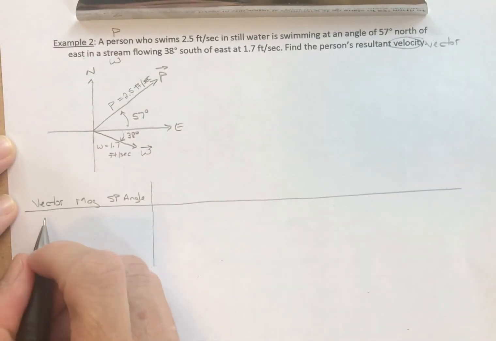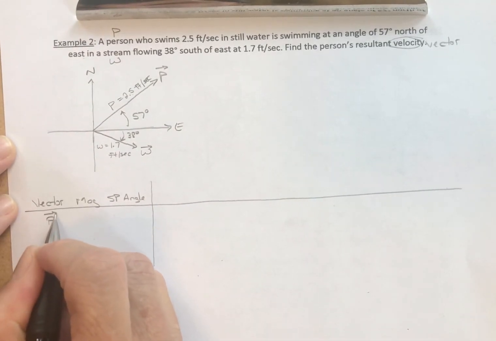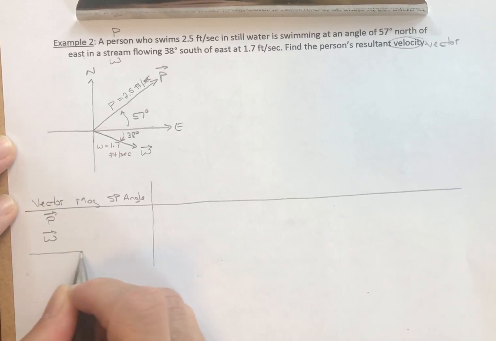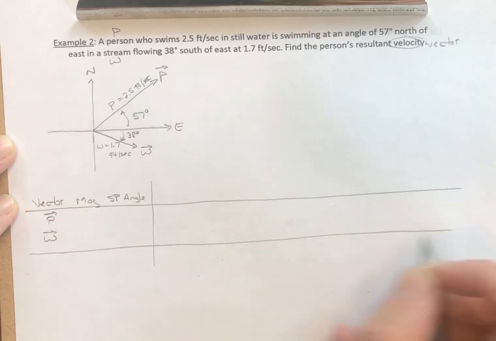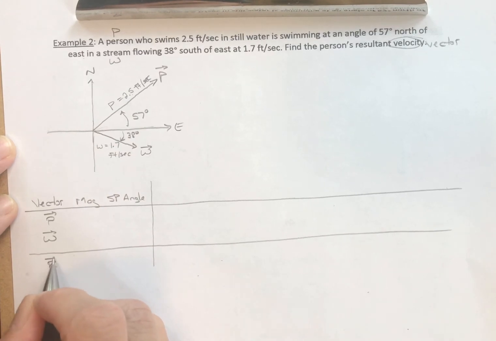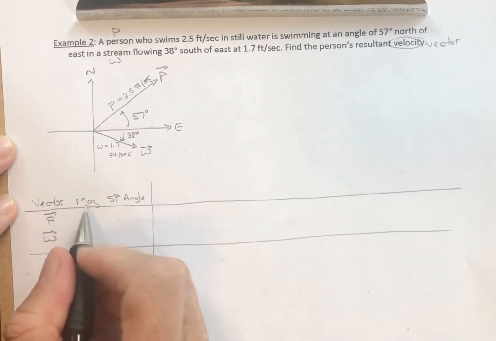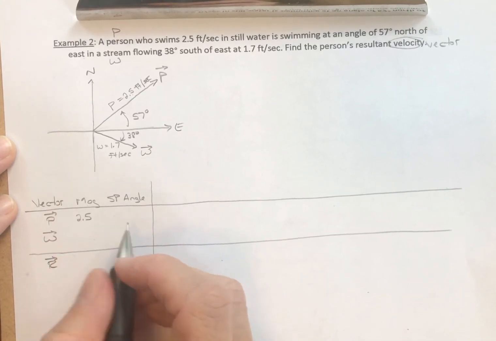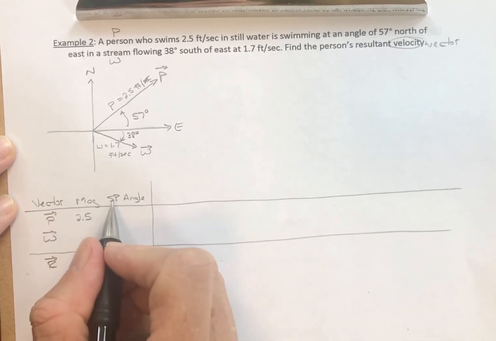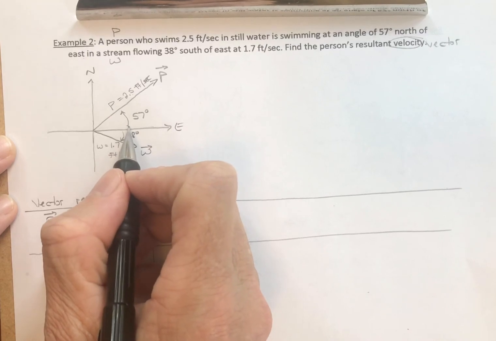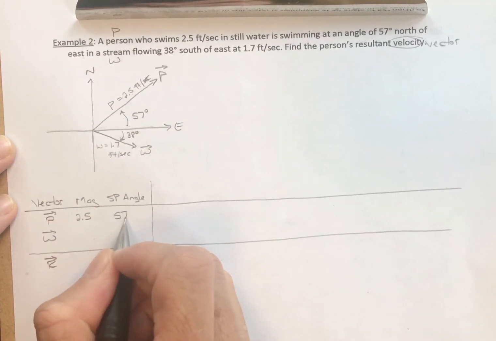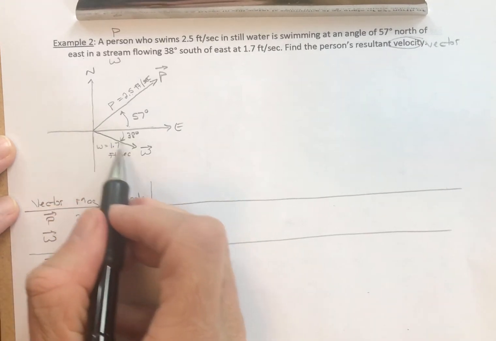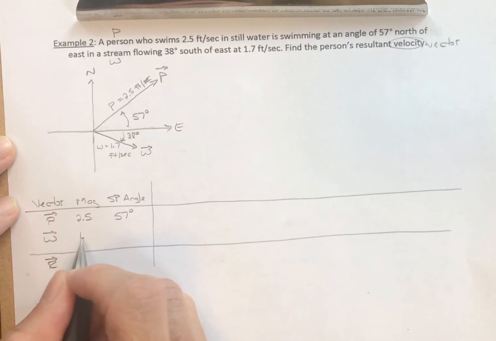My person is vector P, my water is vector W, and this is my resultant vector R. My person's magnitude is 2.5 feet per second. My person's standard position angle is simple, it's 57 degrees. The water's magnitude is 1.7 feet per second.